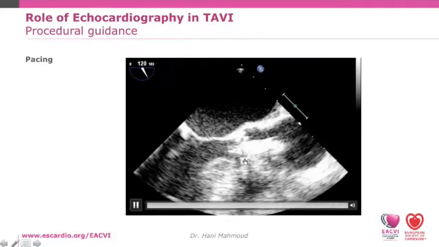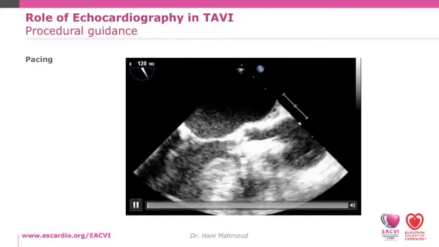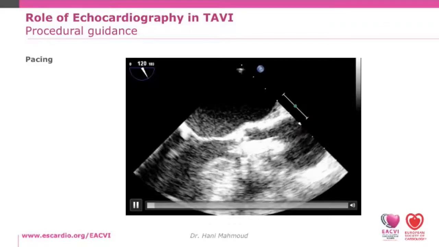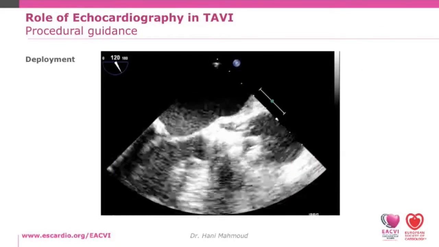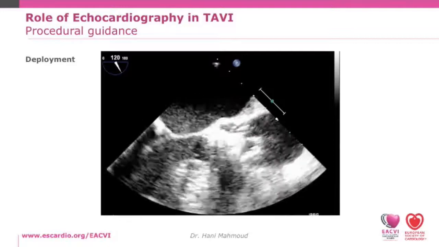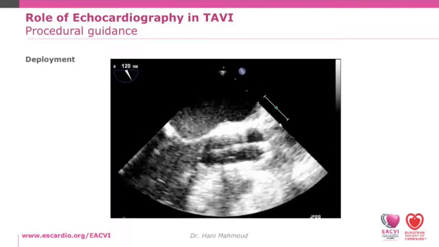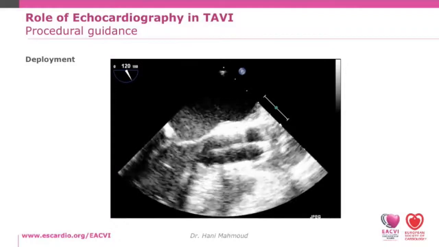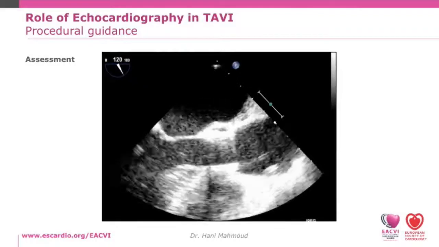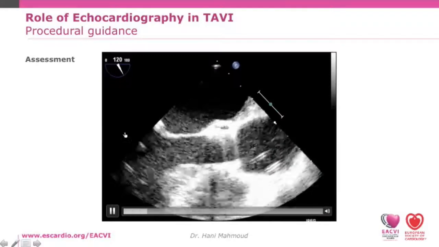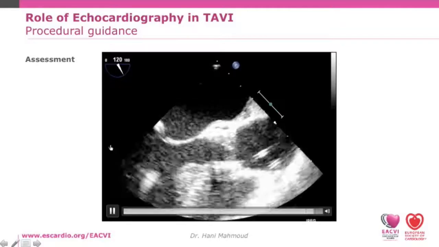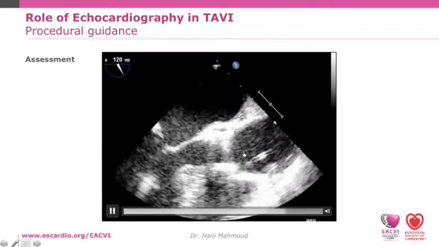During rapid pacing, to avoid premature capture and migration of the balloon, and then for the balloon expandable valves, like in this case, full expansion of the valve, full deployment, and the rapid pacing, and at that moment, everybody will look at you and ask you to assess the prosthesis.